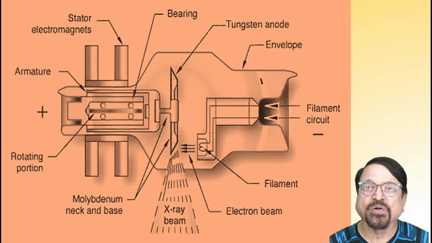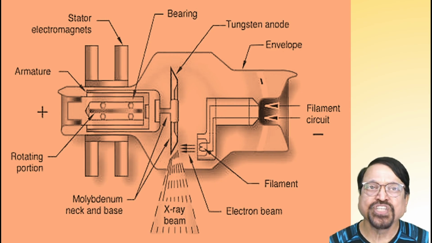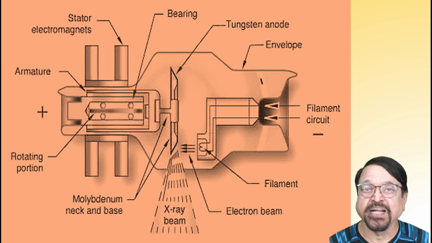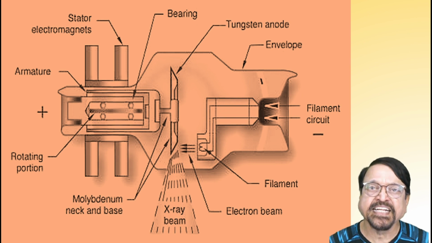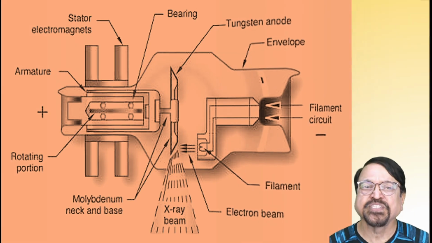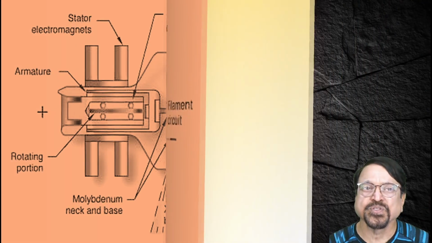How it occurs is, the negative charge of the filament and positive charge of the anode pull the electron and accelerate their speed. Once they hit the target, all of a sudden there is a deceleration, and this results in liberation of X-rays. That is how the X-rays are produced.